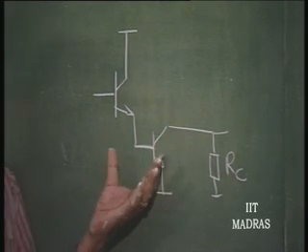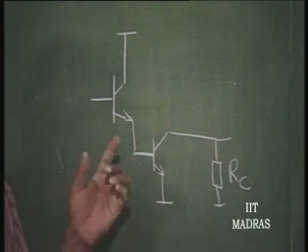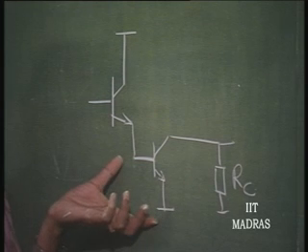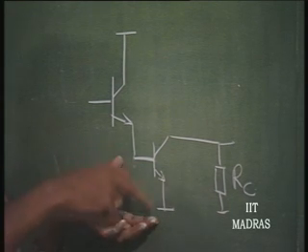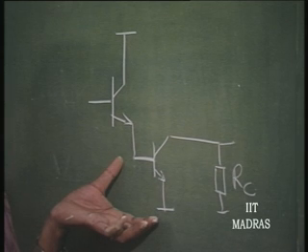If we just use common emitter, we know that the Miller capacitance comes into picture, and the Miller capacitance will increase the input capacitor, and this input capacitor into input resistance parallel source resistance is what is going to constitute as the time constant.